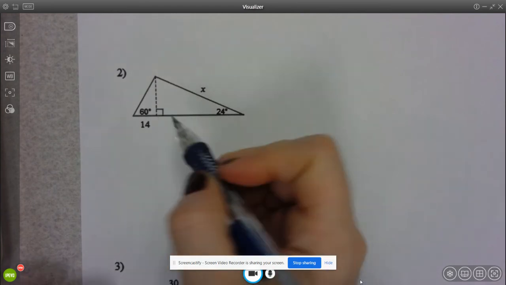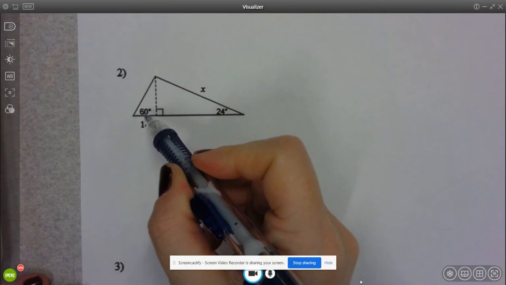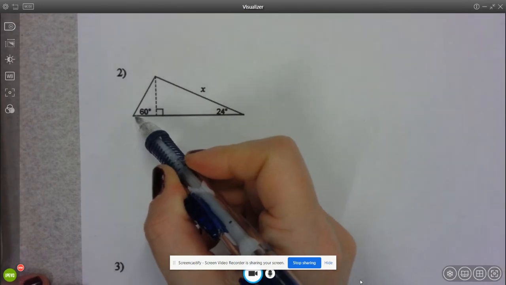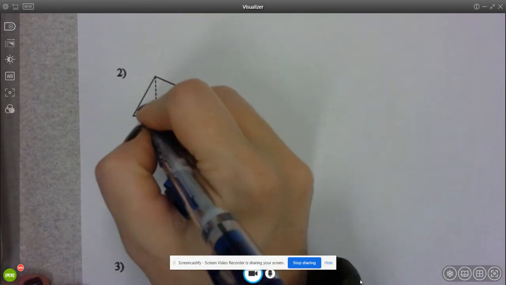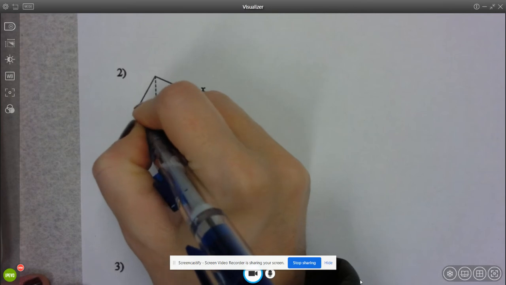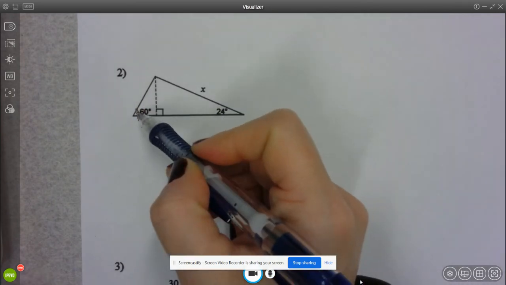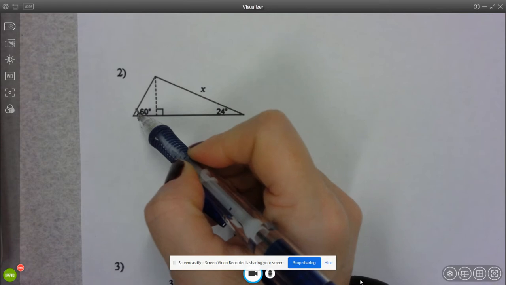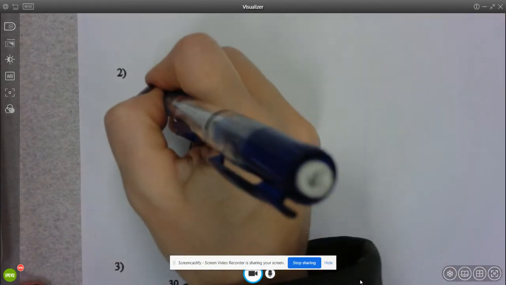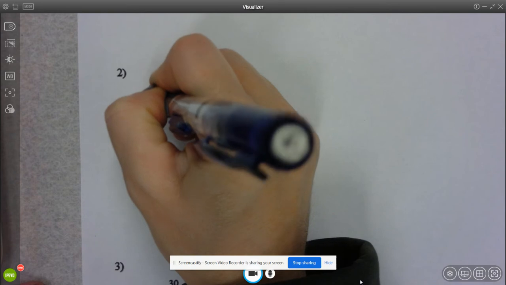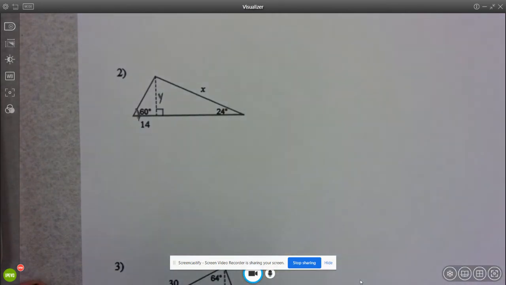All right, so with some small triangles like this, it might be hard to realize that they mean 60 is this angle in here. But because this is my 90-degree angle, I know it has to be this one that's 60. So this shared side is the one I'm going to find first.